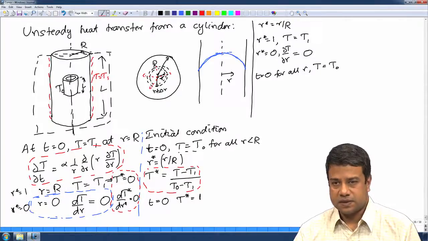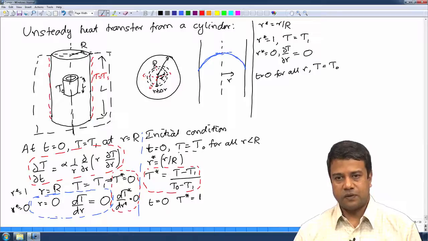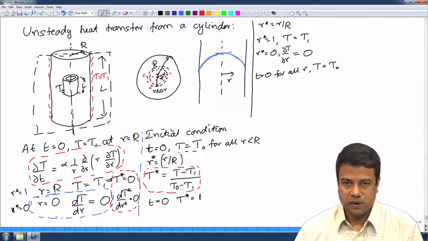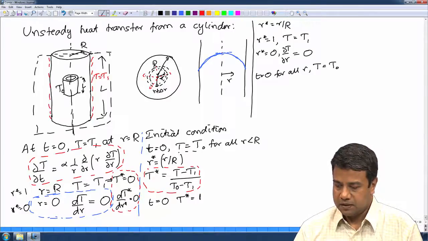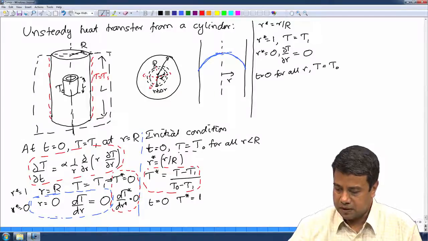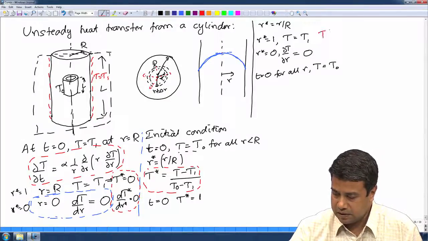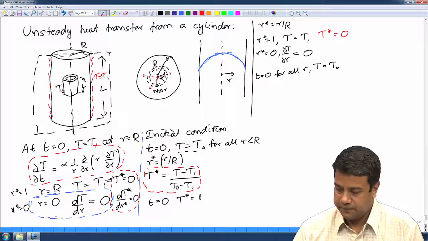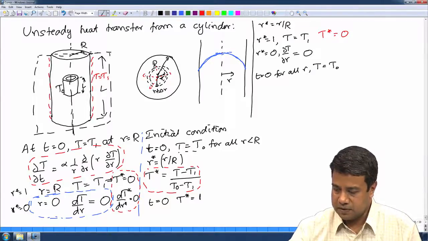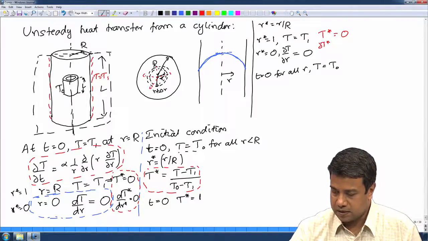So, this is equal to 0 in the long time limit at all r, because the temperature everywhere would have equilibrated to T1. So, that means that at r star is equal to 1, the scale temperature T star is equal to 0, and at r star is equal to 0, partial T star by partial r star is equal to 0.